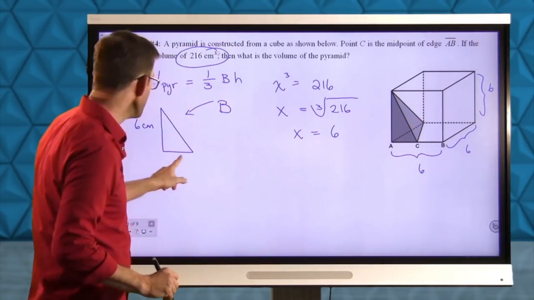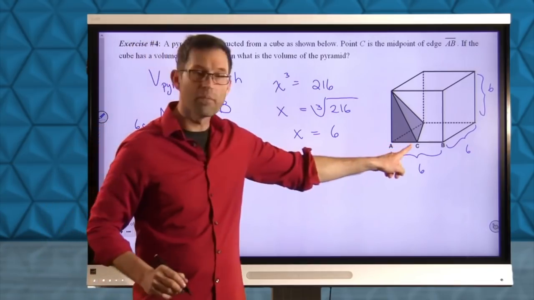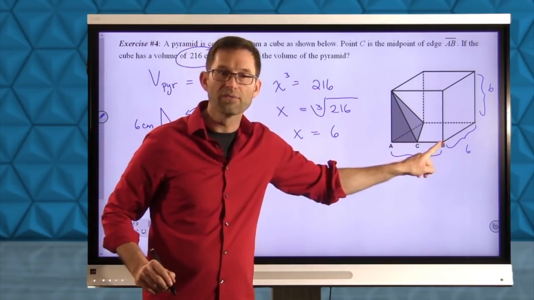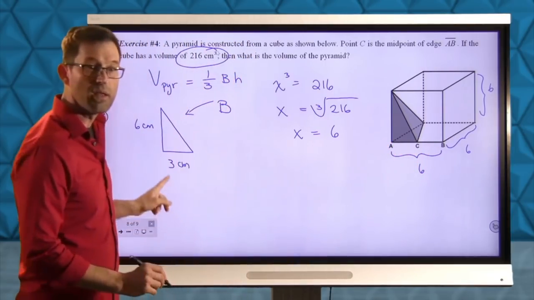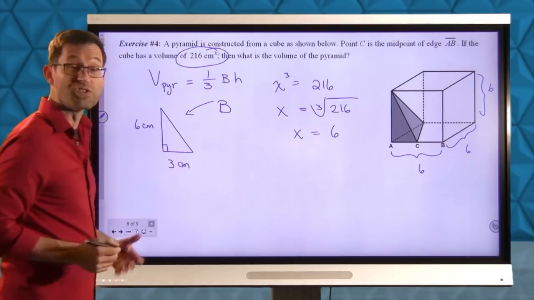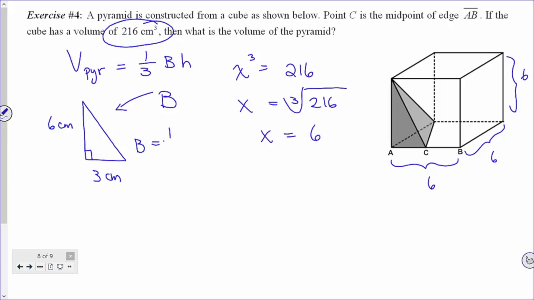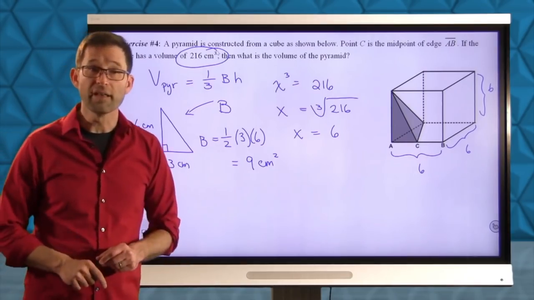This has got to be 3 centimeters, because they told me that point C was at the midpoint of side AB, so it's got to be 3 centimeters. And we also know it's a right triangle, which is awesome, because that means I can now figure out what the base area is by simply doing 1/2 of 3 times 6, and that's 9 square centimeters. That is the area of my base.